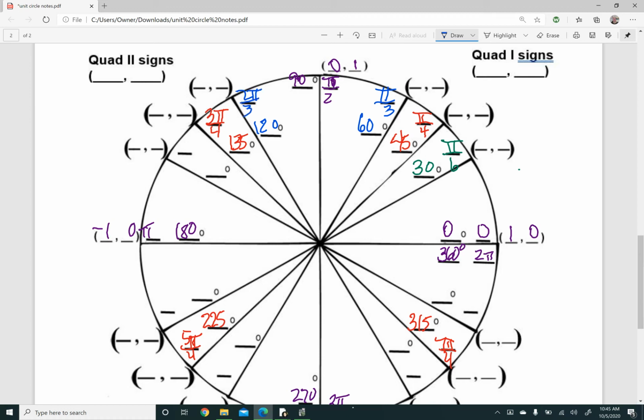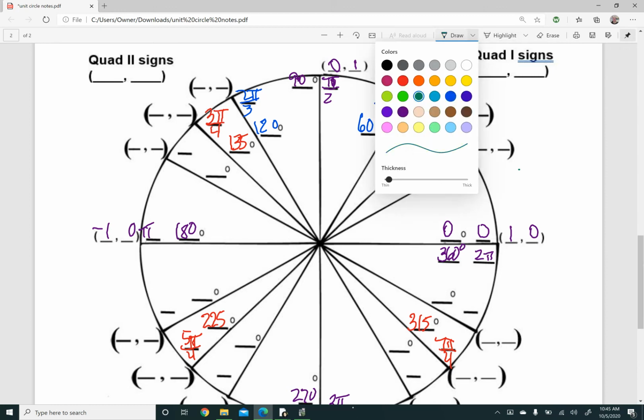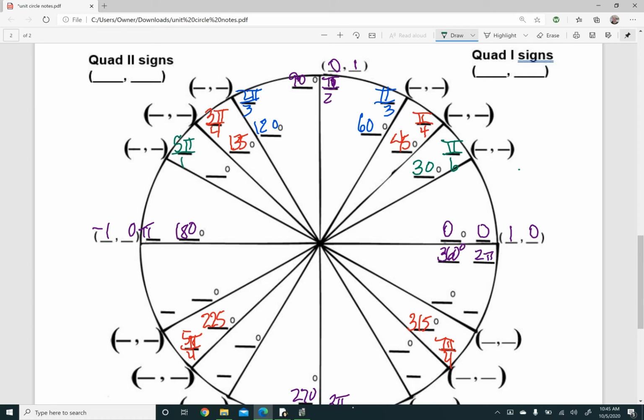Then we get 5/6, which is 150, 6/6, 7/6, which is 180 plus 30 makes 210.